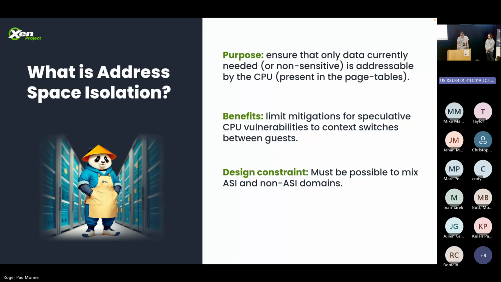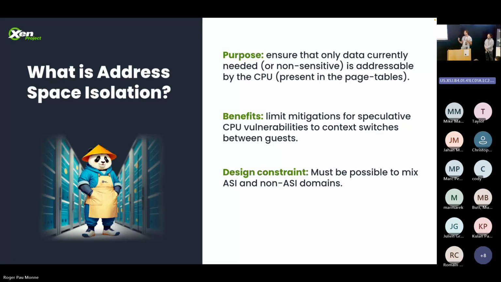The main design constraint that we have is that we would like to be able to mix domains that are using address space isolation with domains that are not using it. One example would be a Xen server deployment, or possibly XCP-ng also. DOM0 is a trusted component, so it doesn't need all the speculative mitigations. Basically, we try to disable as much as we can from that.